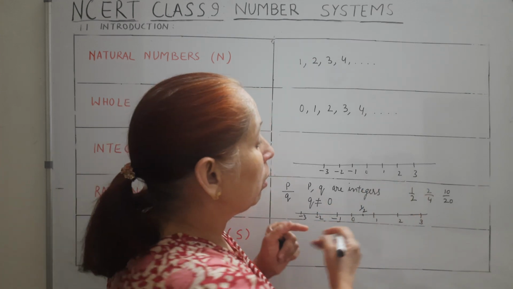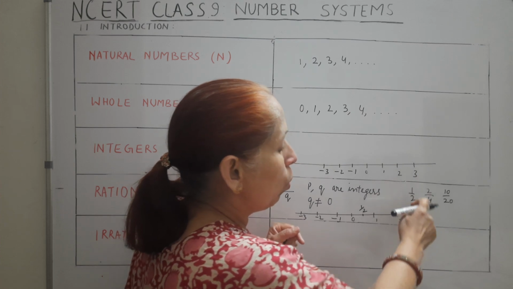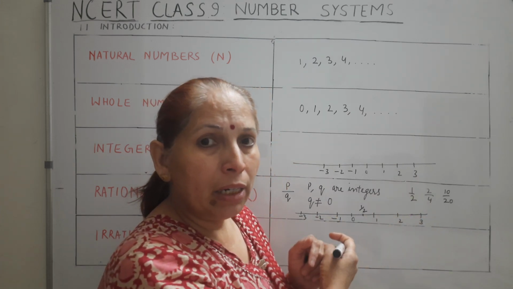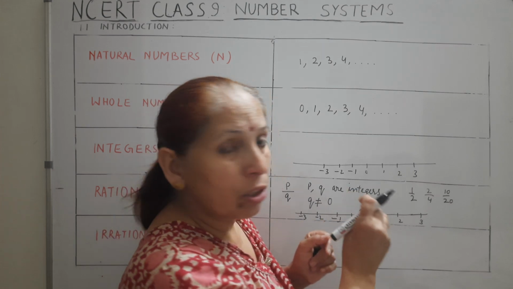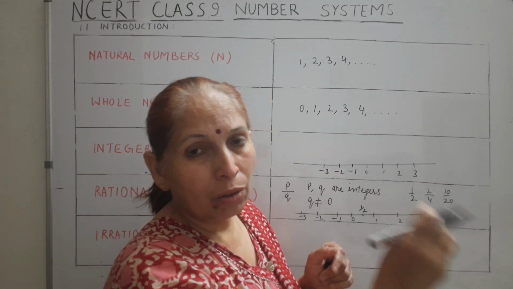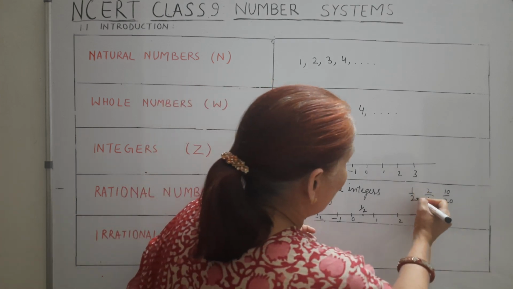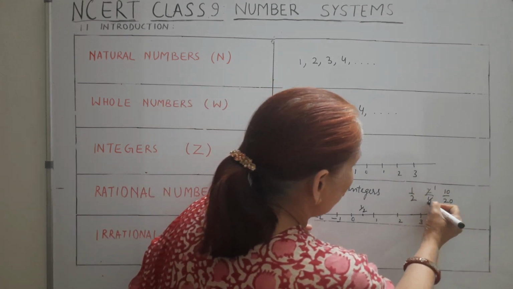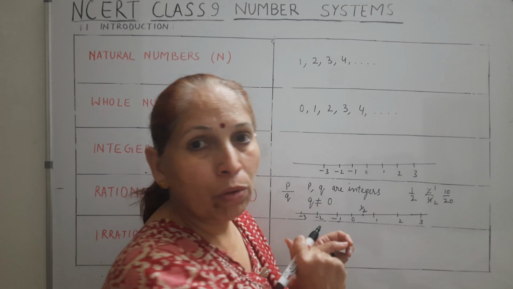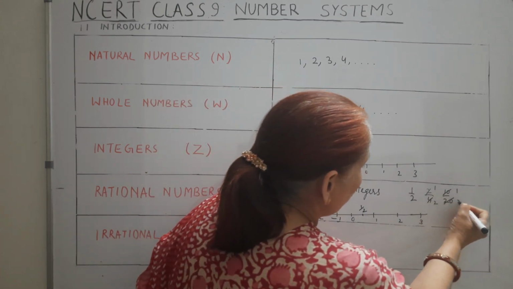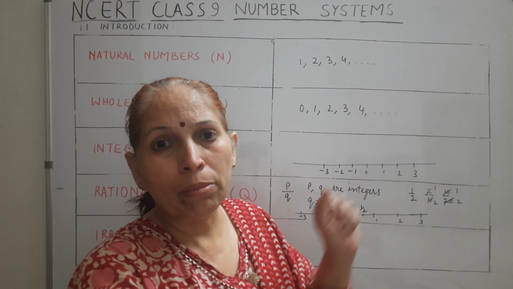That means they should not have any common integer except 1. So suppose 1/2, this is also 2 ones are 2, 2 twos are 4. Again it is in the form of 1/2. 10/20, 10 ones are 10, 10 twos are 20. Again it is in the form of 1/2.